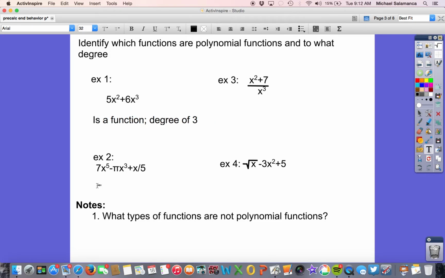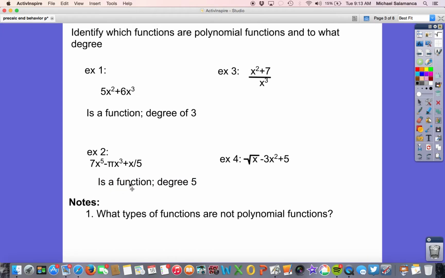Looking at example 2, notice we do have a fraction right here, but because your fraction has the 5 on the denominator and the x on the numerator, this is a function of degree 5. Now, even though you have that 7, we're only looking at the degree of the highest exponent.